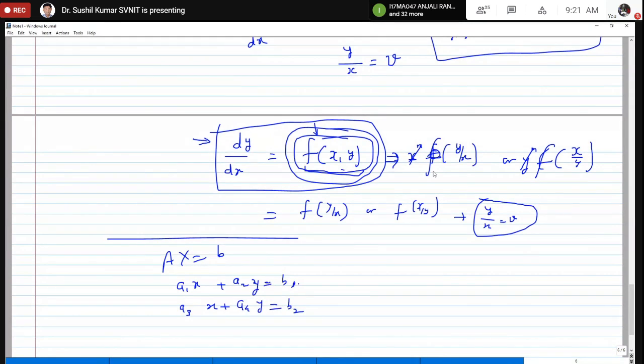You can write B1 on the right hand side or left hand side also, there is no problem. In this term we have x, in this term we have y, and here x and y again. So in this equation, x and y both are unknown.